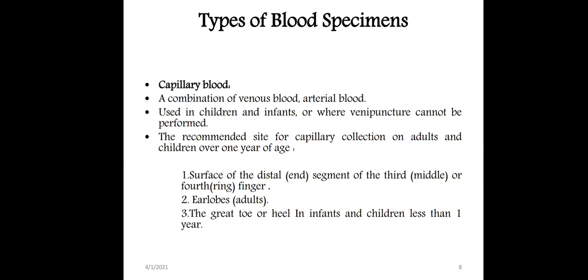Capillary blood is a combination of venous blood and arterial blood, used in children and infants or where venipuncture cannot be performed. The recommended site for capillary collection on adults and children over 1 year of age is the surface of the distal end segment of the third, middle, or fourth ring finger, earlobe in adults, and the great toe or heel in infants and children less than 1 year.